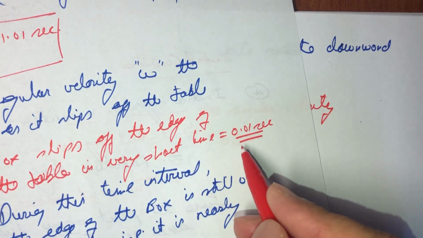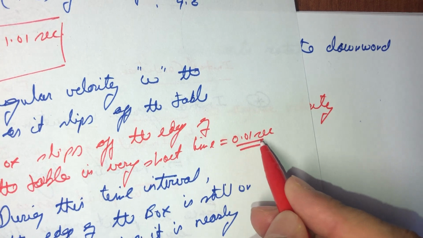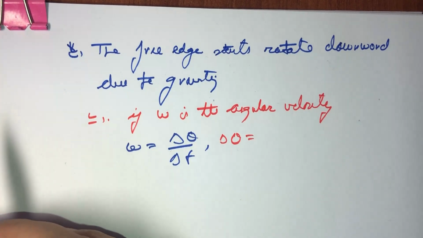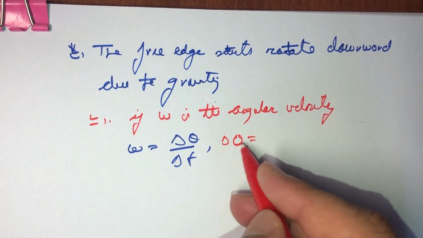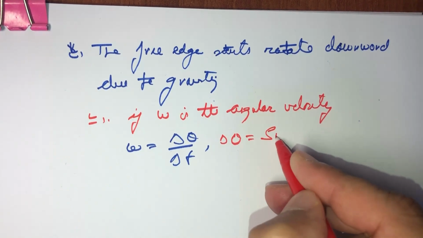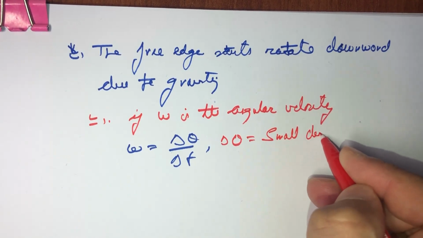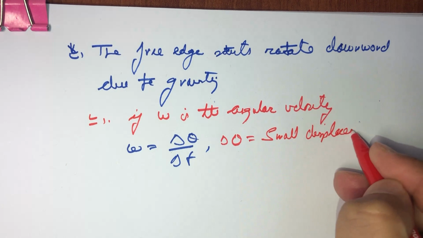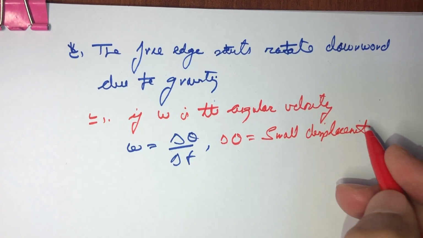During this time, 0.01 second, delta theta is the small displacement.